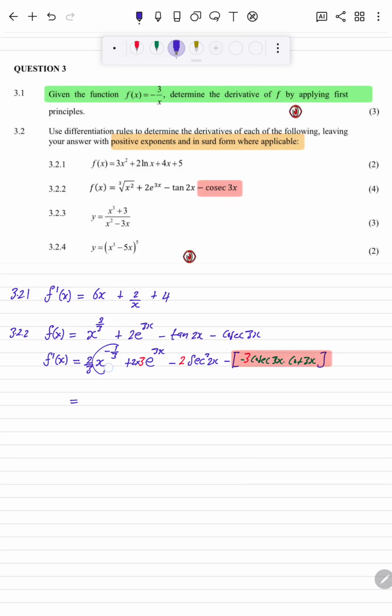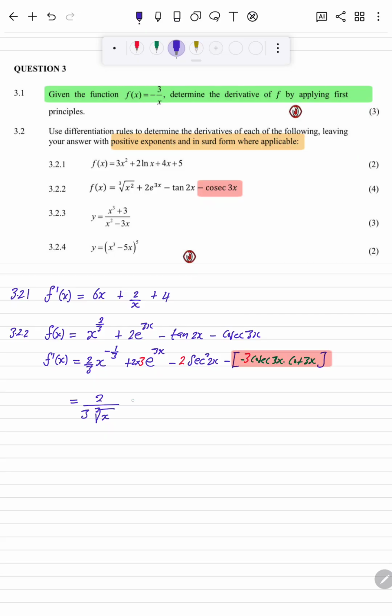So this must be left with a positive exponent in surd form. So this is to say you're going to have 2 divided by 3, and when you bring it down, it's going to be positive, and it's going to be the cube root of x.